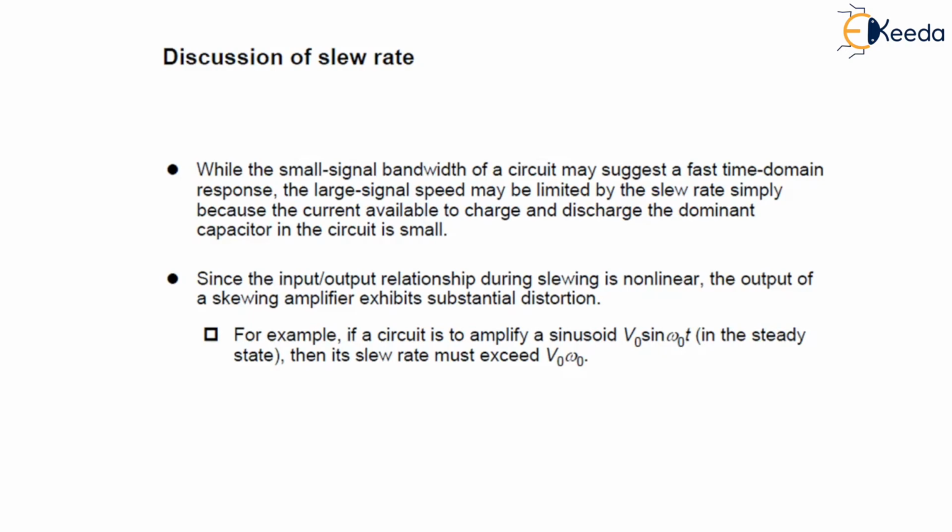Moreover, since the input-output relationship during slewing is nonlinear, the output of a slewing amplifier exhibits substantial distortion. For example, if a circuit is to amplify a sinusoid, V0 sin omega0 t, in the steady state, then its slew rate must exceed V0 omega0.